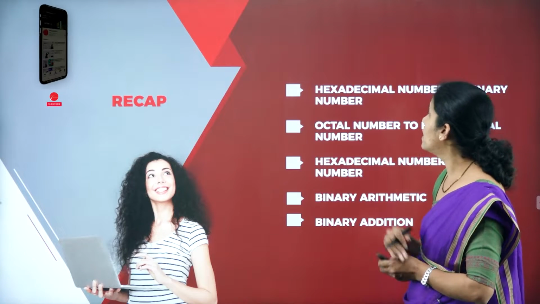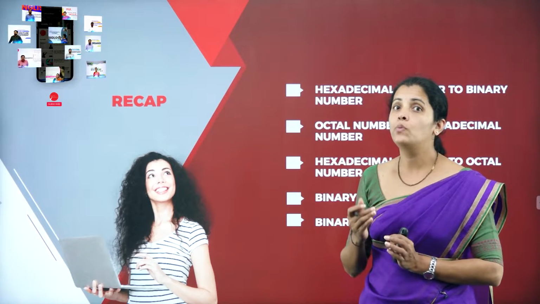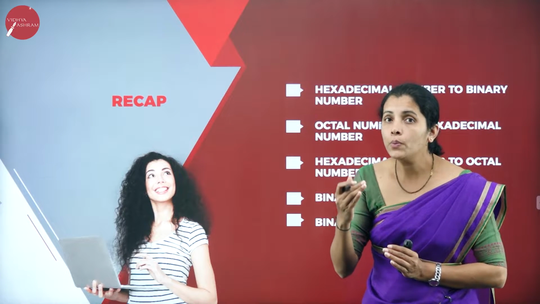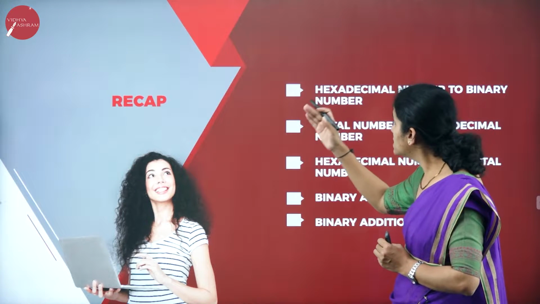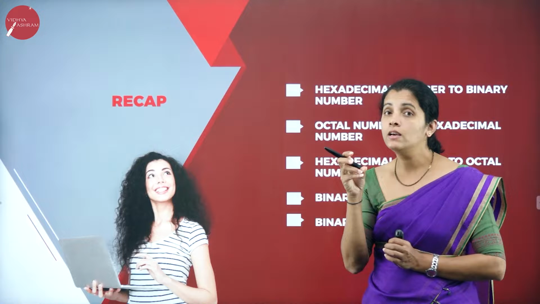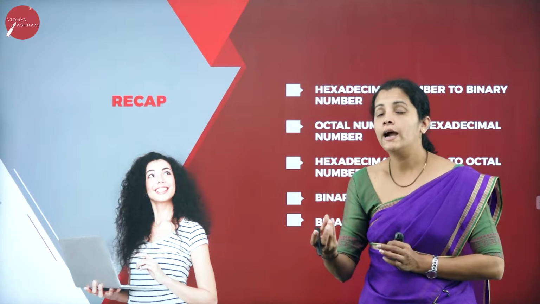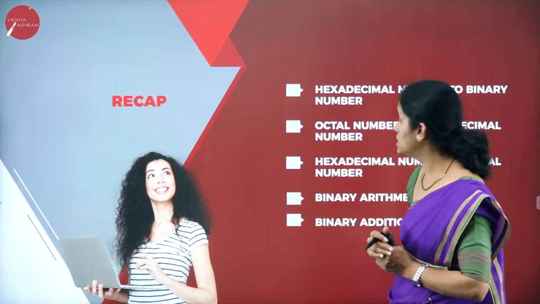We started with how to convert a hexadecimal number to binary and the rules we need to follow while converting, along with an example. Then we discussed how to convert an octal number to hexadecimal, and the rules to follow, along with an example.